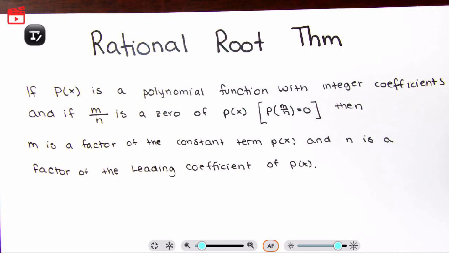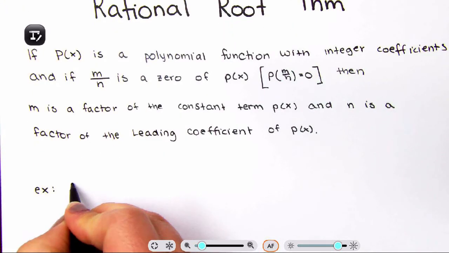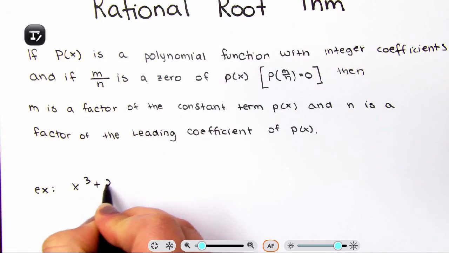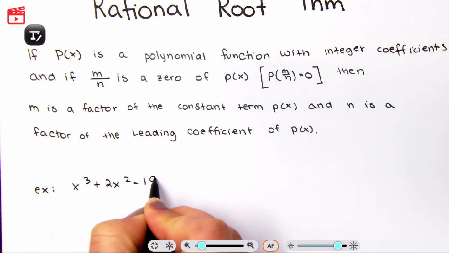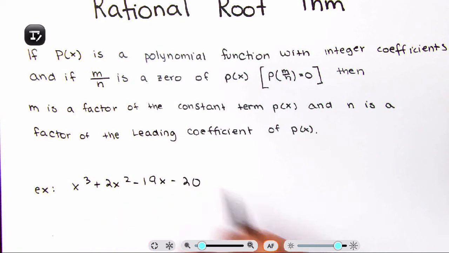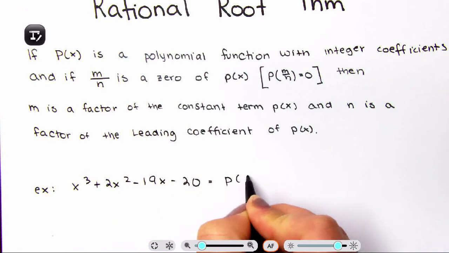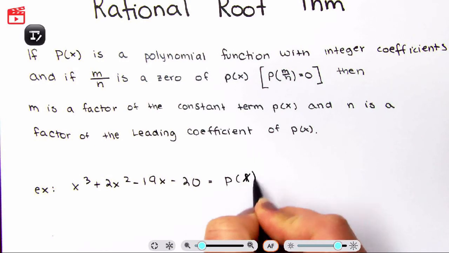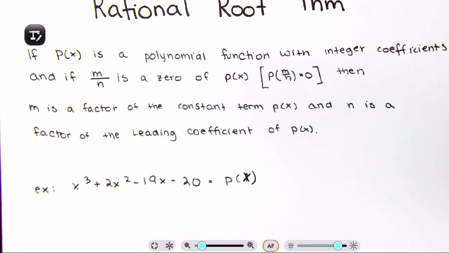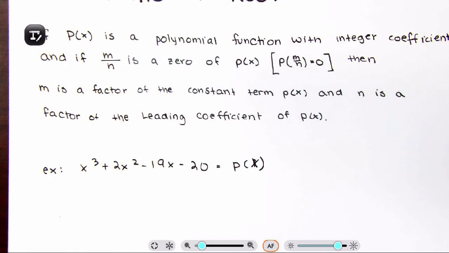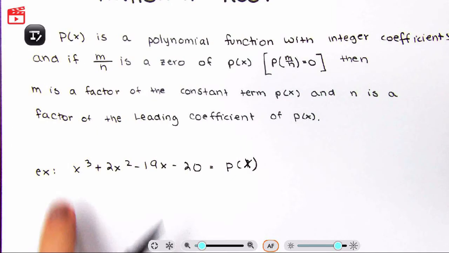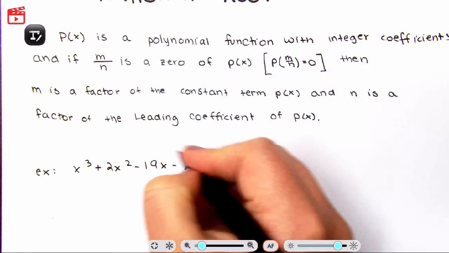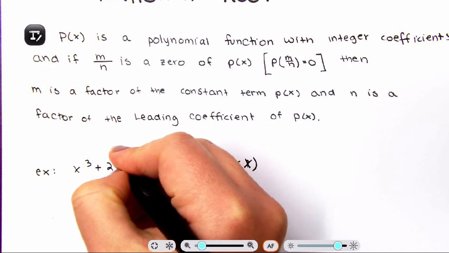So let's say you have a polynomial. Let's do an example. We'll call this polynomial p of x. This polynomial has integer coefficients, which means that these are integers.